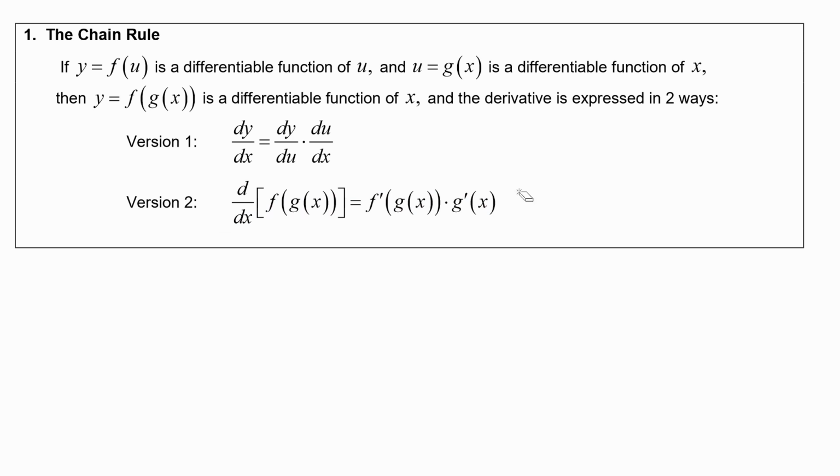And this multiplying of g prime of x, which is the inside function, is what we call the chain rule piece. In version 1, du dx is the chain rule piece. So now I'm going to help you understand how both of these versions work.